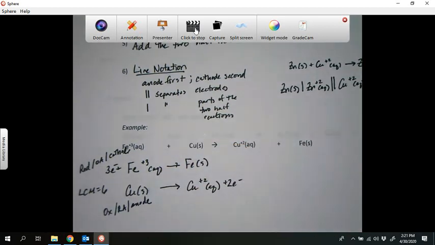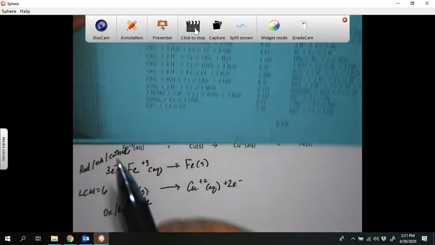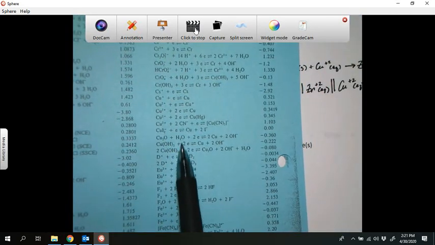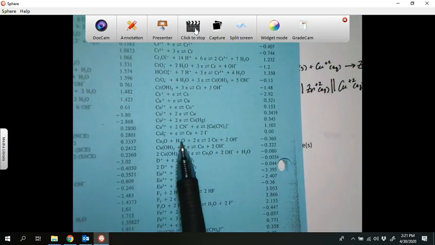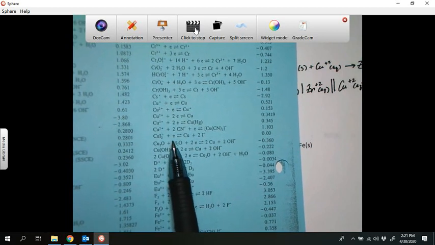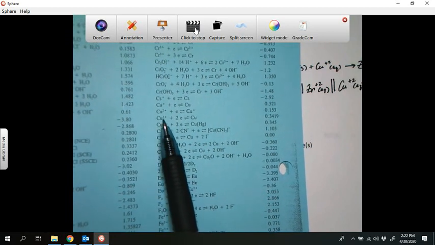In our chart, they go in alphabetical order, so I'll look up copper first. This is probably the hardest part of all of these, is finding these. If we look up copper, copper is up here, and we have a lot of different choices, but we have to make sure that we have the one that has copper plus 2 going to copper solid, or copper solid going to plus 2.